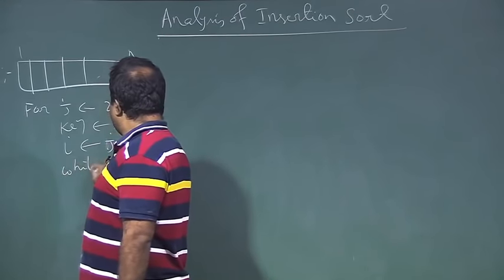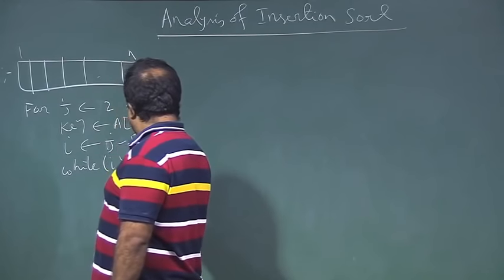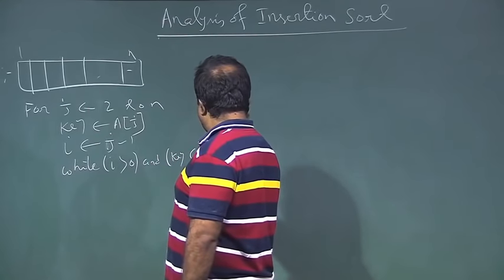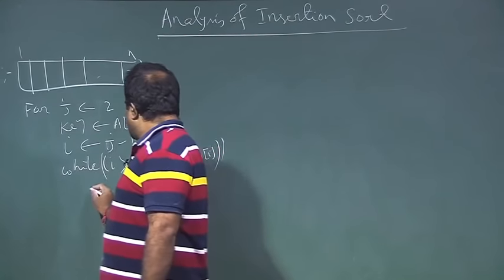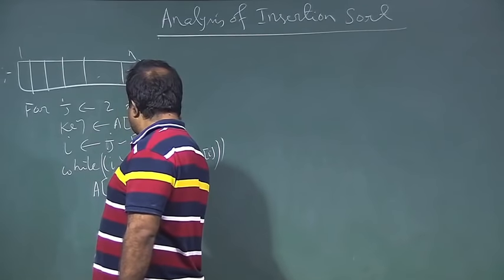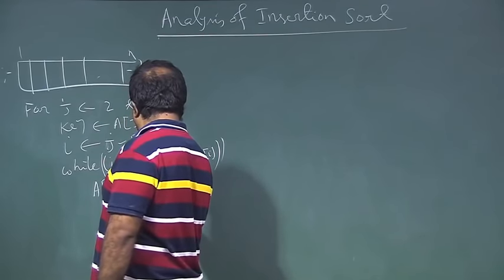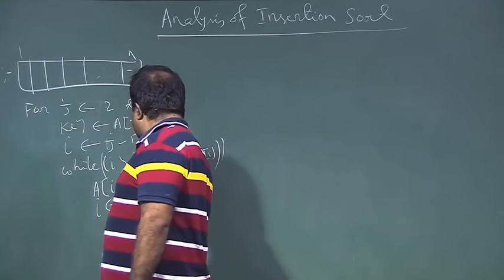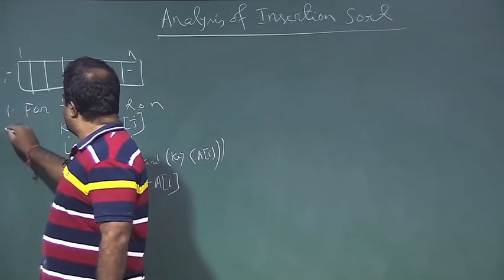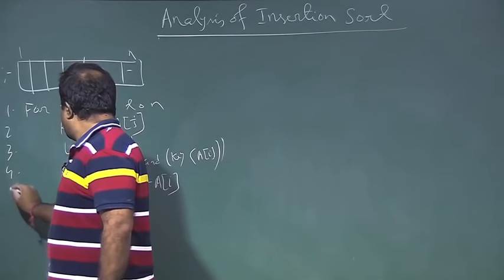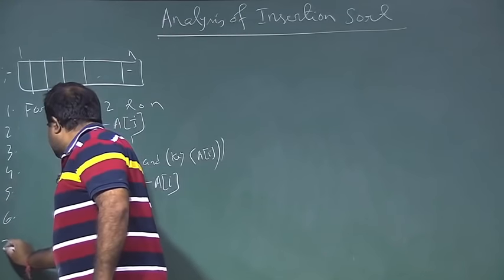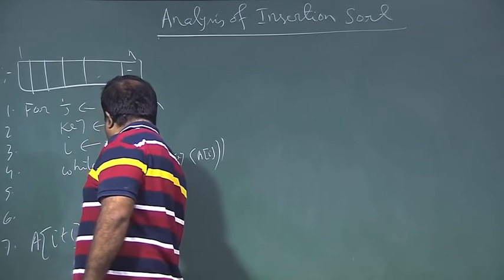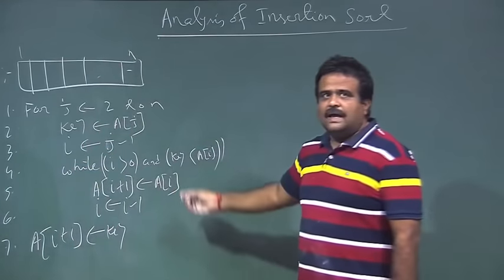Now we have a while loop: while i is greater than 0 and the key is less than A[i], then we do A[i+1] = A[i], and then i = i minus 1. So this is lines 1, 2, 3, 4, 5, 6 and 7. We are just putting A[i+1] equal to key. So this is the code for insertion sort.